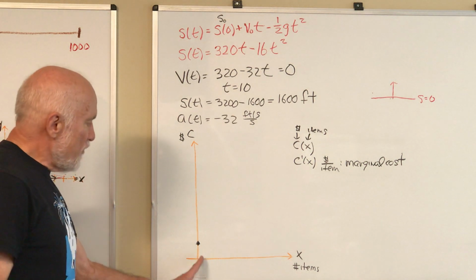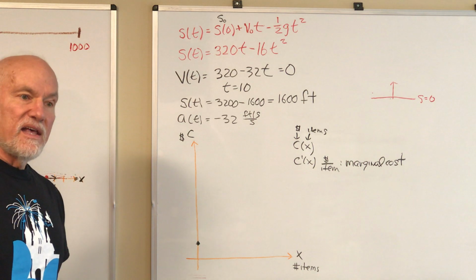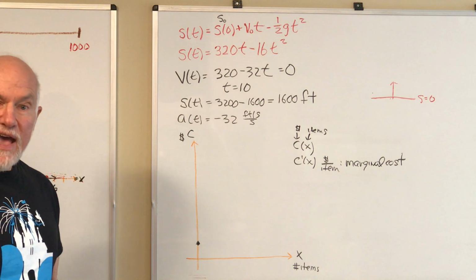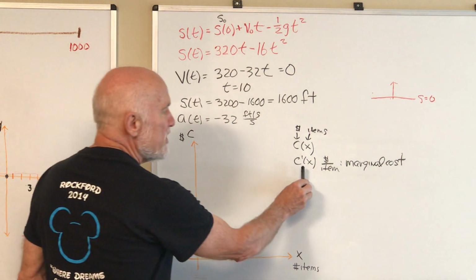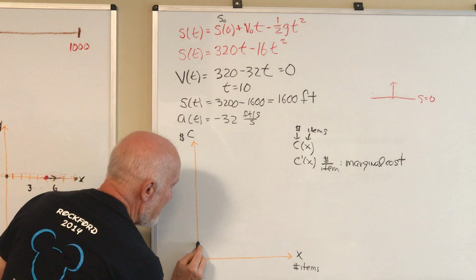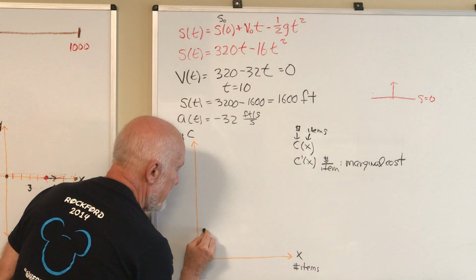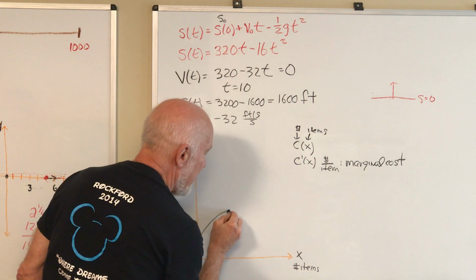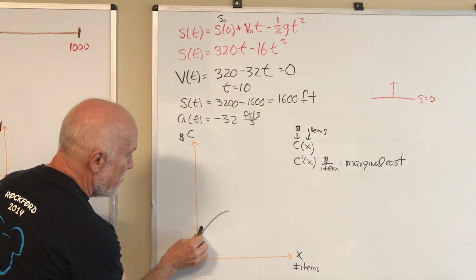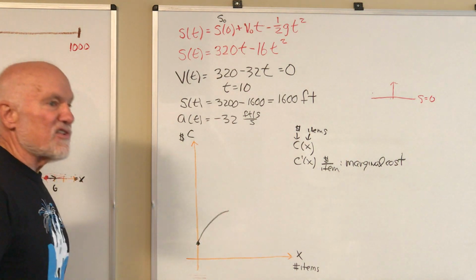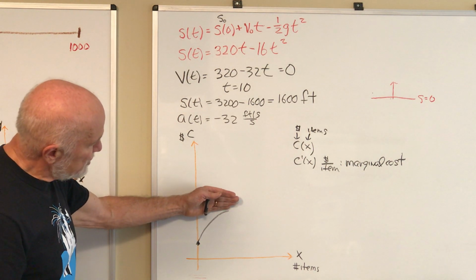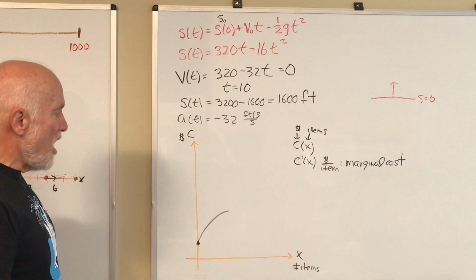Now, that first item you produce is going to cost quite a bit because you've already had to hire somebody to make that item and you've turned on the lights in the factory. So that first item is going to have a really steep cost per item. It's going to have a high slope. But then, as you keep producing items, obviously it's going to cost more money, but the slope, the marginal cost, is going to get less until you get to a much more efficient rate of production where the slope is pretty small.